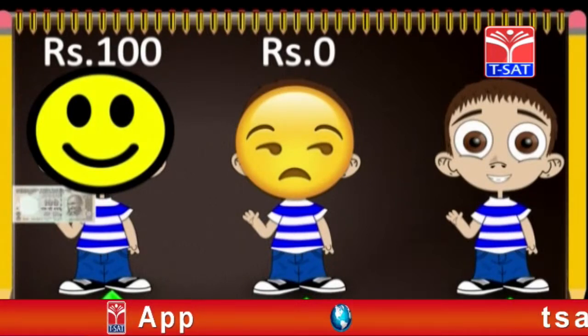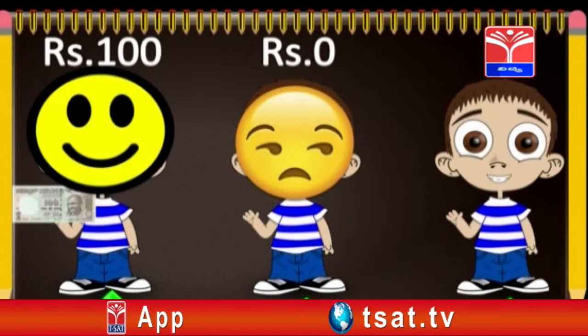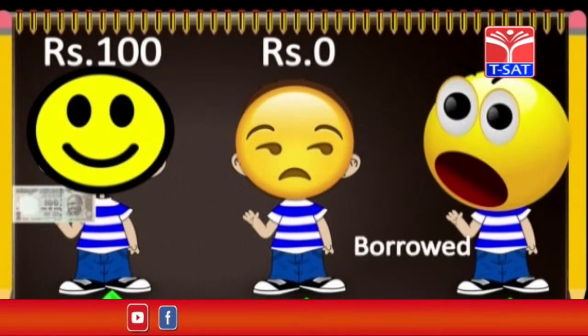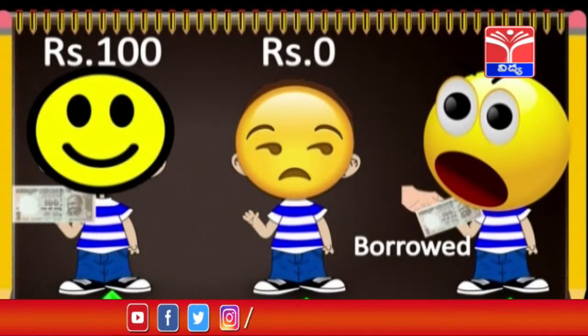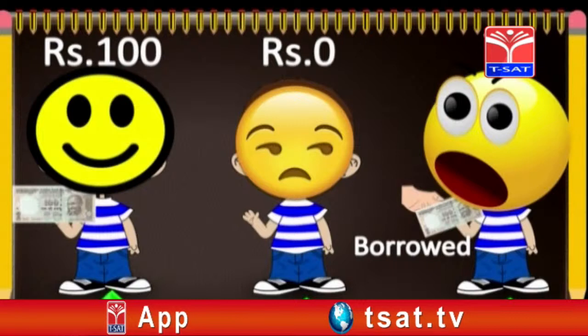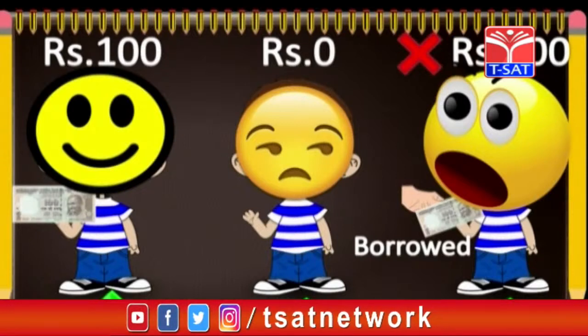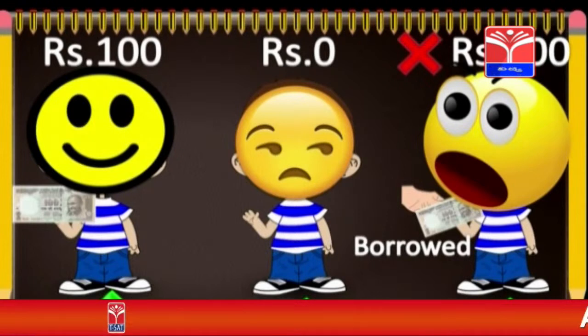Like the second boy, this third boy also doesn't have money, but he borrowed money, say rupees 100, from his friend, thus he got 100 rupees from his friend. This is borrowed money. Now, how to represent this borrowed money in numerical form? Is it rupees 100? No. We must make sure that we show a little difference between the first boy and the third boy.